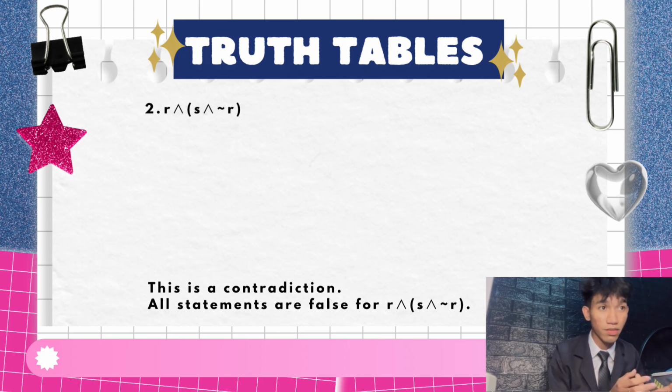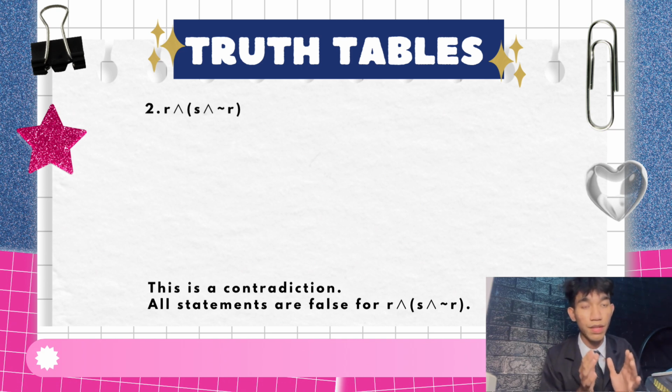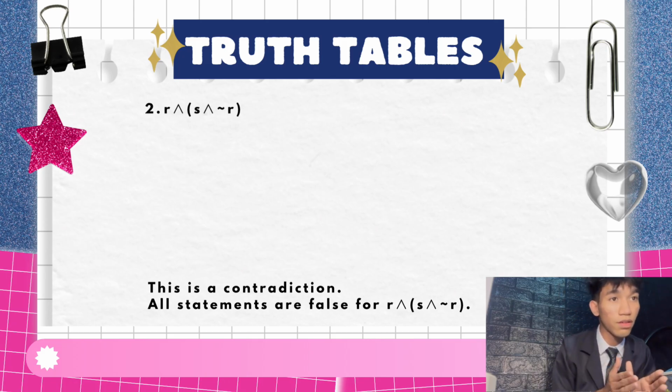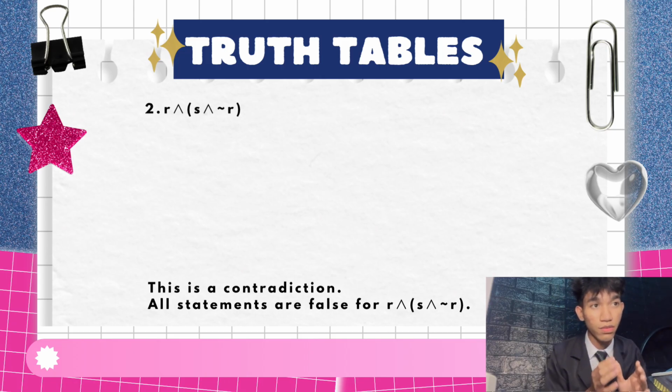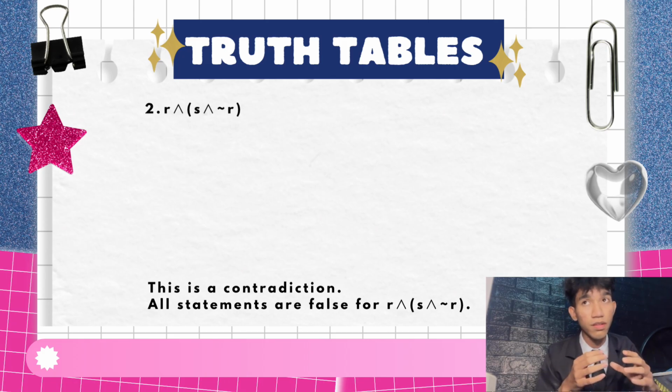So we go to the next column, which is S and negation R. If one of them is false, then the statement will be false. Only if R is false and S is true, the statement will be true. While for the next column, which is R and S and negation R, all the truth values are false. So this is what we call a contradiction, where all statements are false.